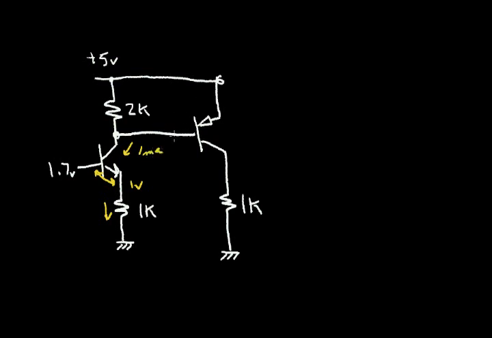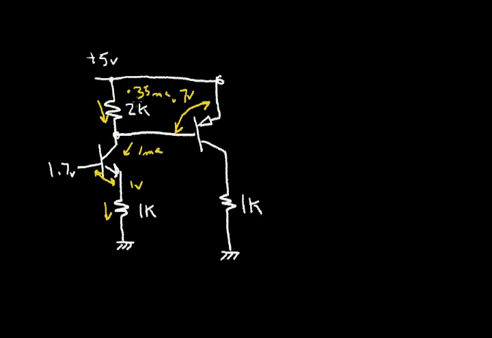And the base emitter drop for the PNP, like the NPN, a rule of thumb is about 0.7 volts. So this 0.7 volts limits the current in this 2K resistor, 0.7 volts across 2K. I think that's about 0.35 milliamps.